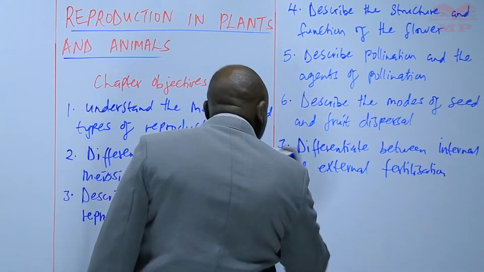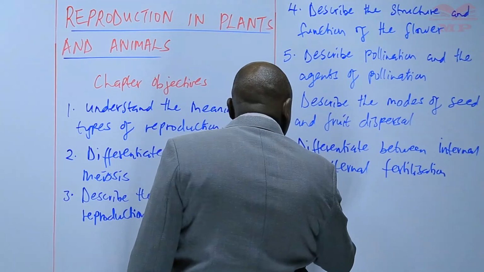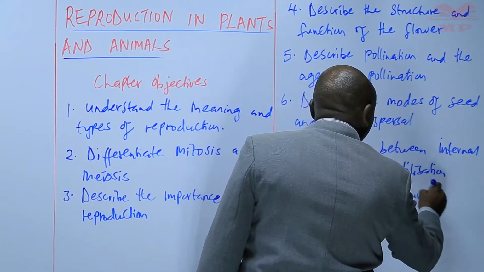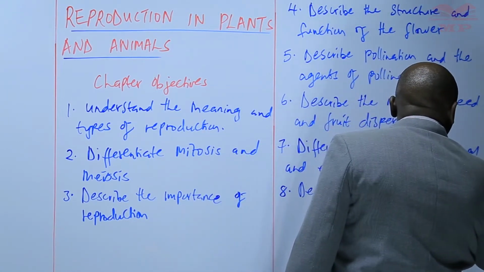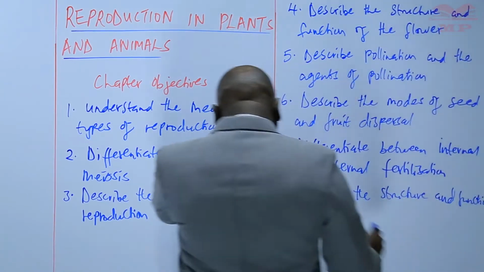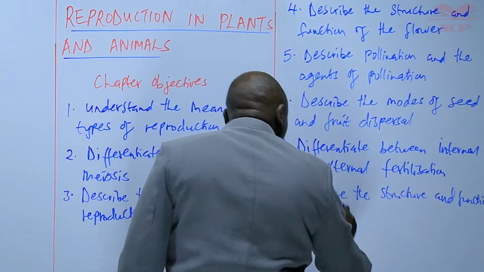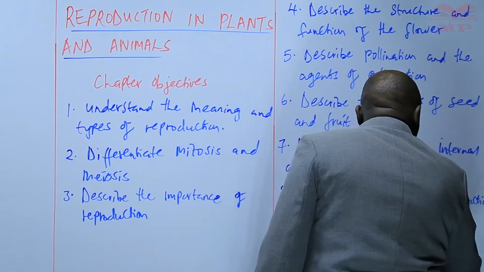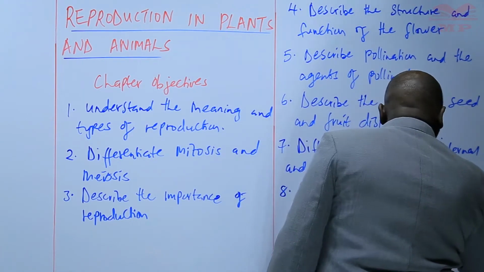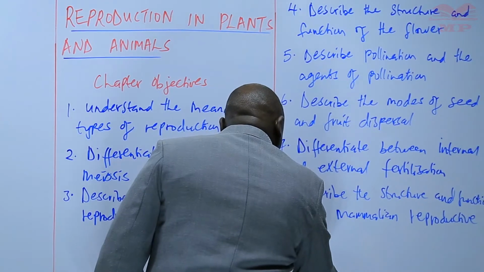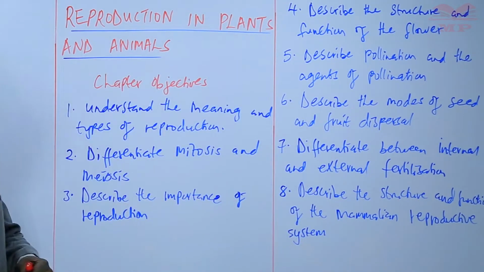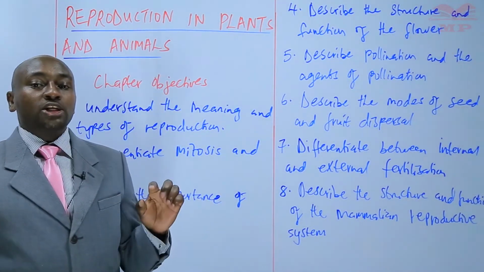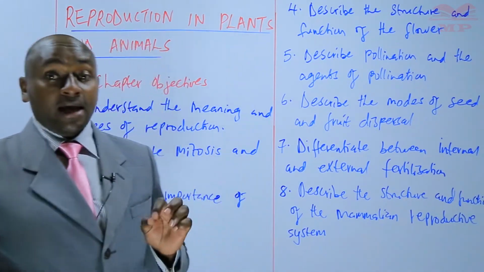Then we continue with the same, and we shall describe the structure and function of the mammalian reproductive system, whereby we shall use human beings as an example.